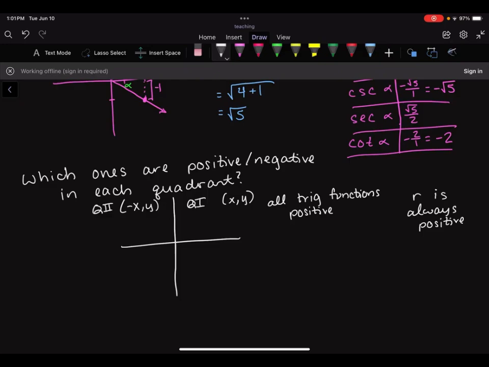All the rest of the functions, so cosine, secant, tangent, and cotangent, are all going to have to use that negative x, so they're all going to become negative. So the only ones that are positive will be sine and cosecant.